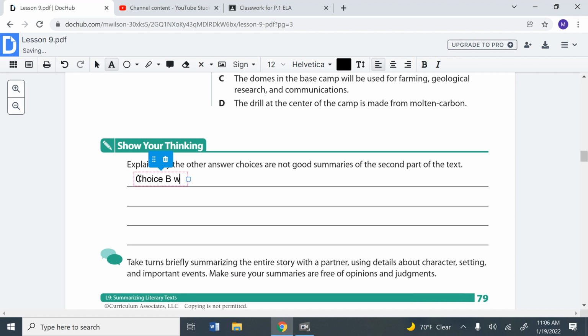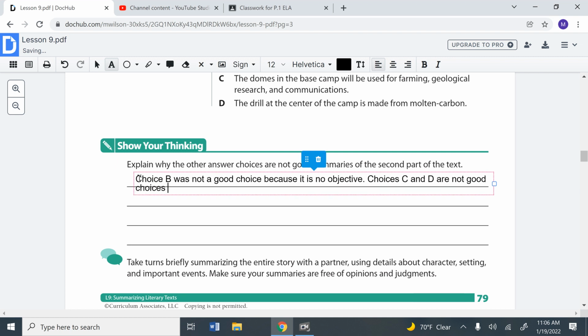So choice B was not a good choice because it is not objective. And then choices C and D are not good choices because they are unimportant details, not important events in the story.